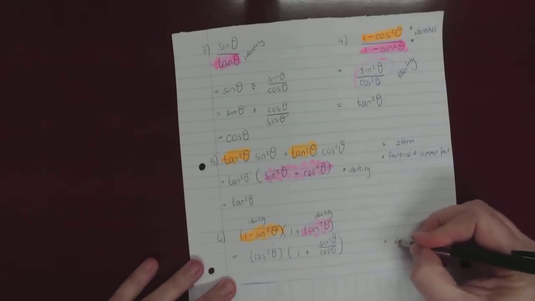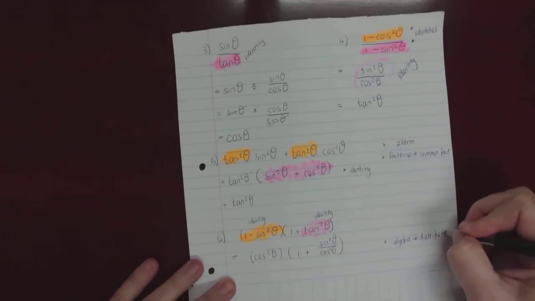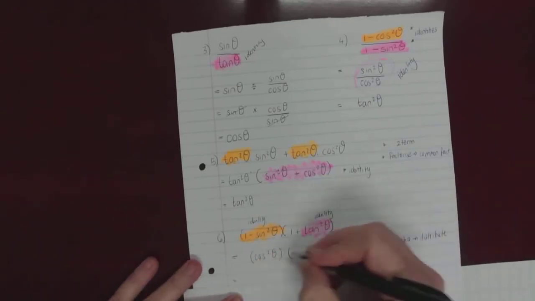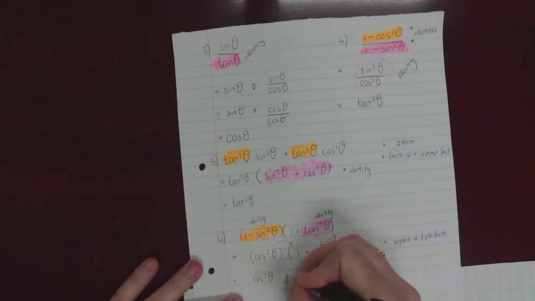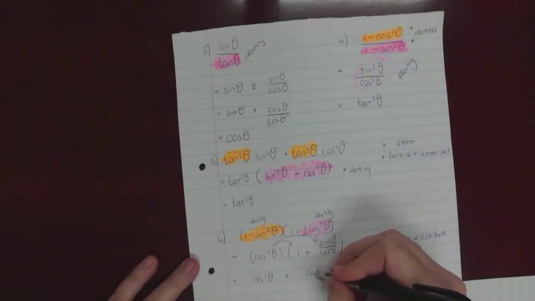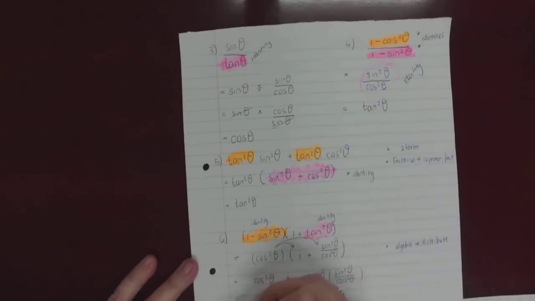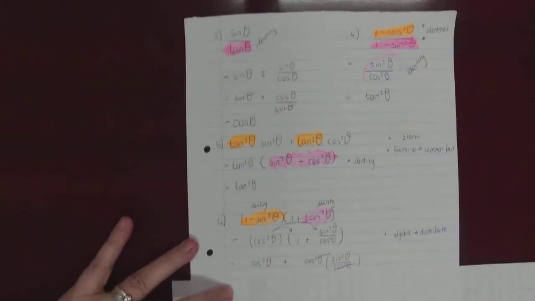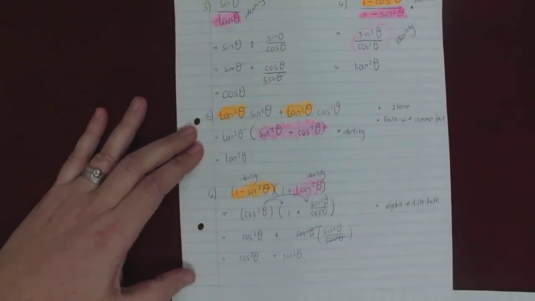This is normal algebra. I am going to distribute the cos squared theta. So when I distribute the cos squared theta, I get cos squared theta plus cos squared theta times sine squared theta over cos squared theta, which means those two cos squared thetas will cancel out, and I'm only left with sine squared theta.